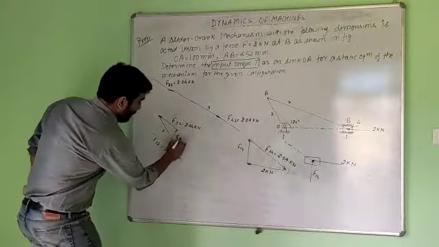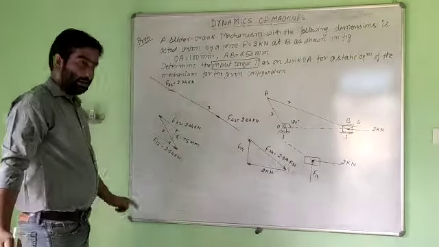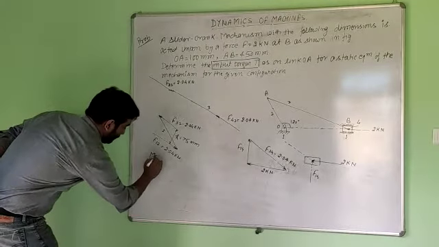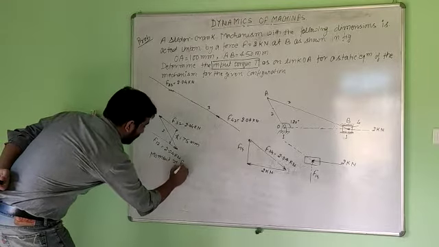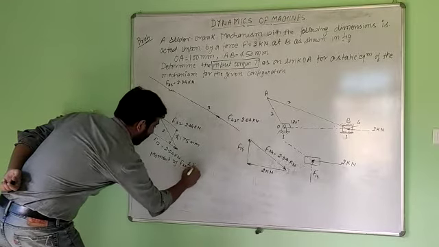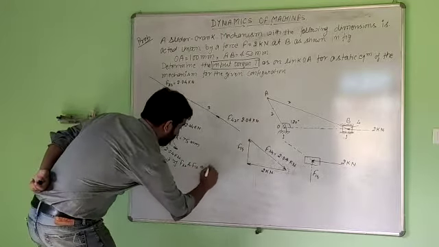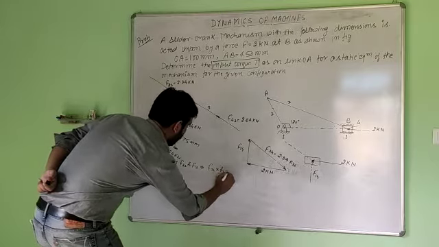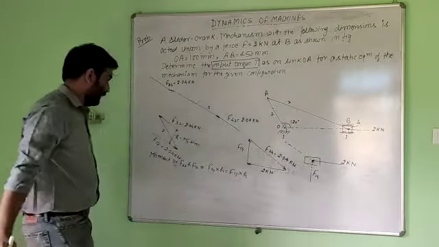The value of x is coming 75 mm. So the moment produced by these two forces, F32 and F12, is equal to F32 multiplied by x, or F12 multiplied by x.